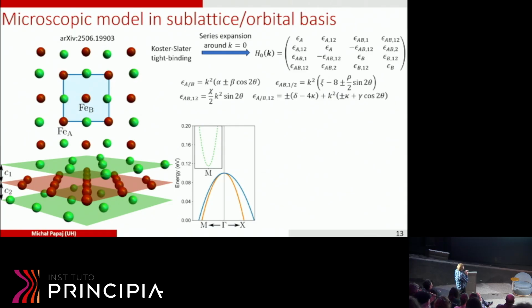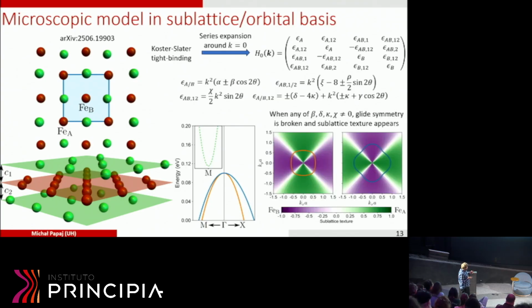We include a band around the M point to mimic what's seen in the QPI data. And the most important aspect is that when one of those four parameters is not zero, we have broken the glide mirror symmetry, and what appears is a sublattice texture.